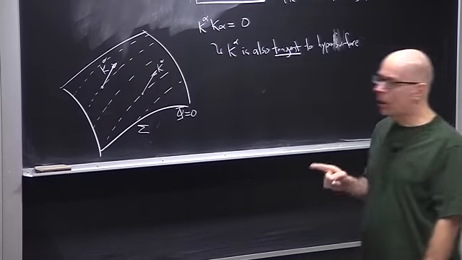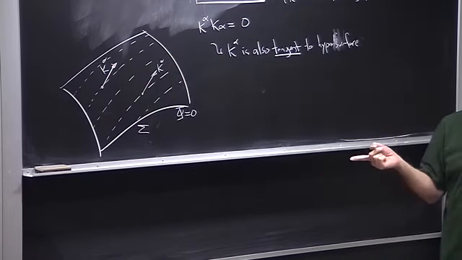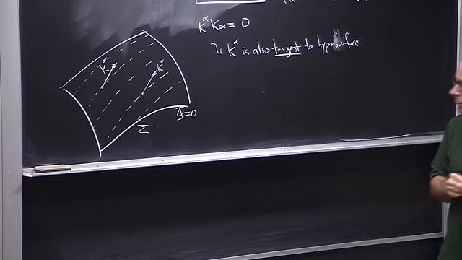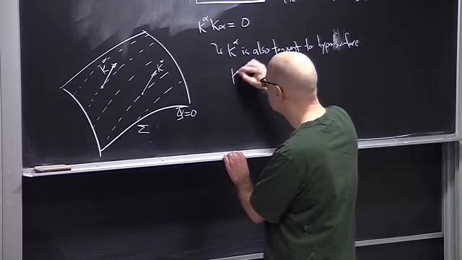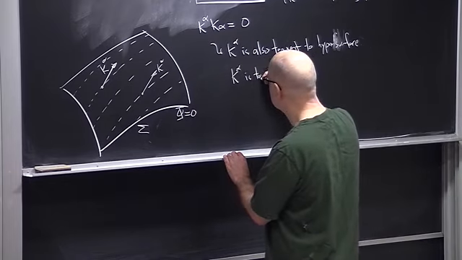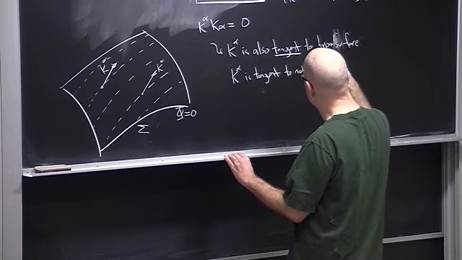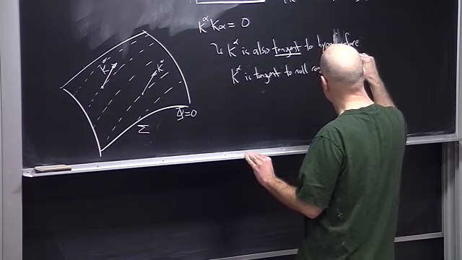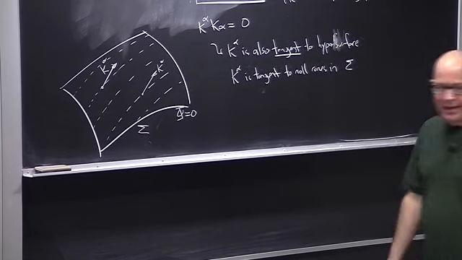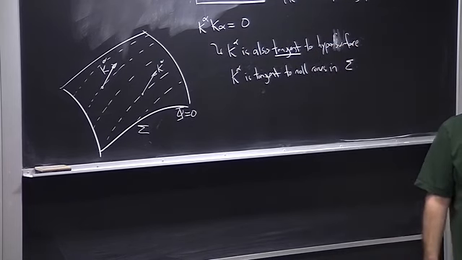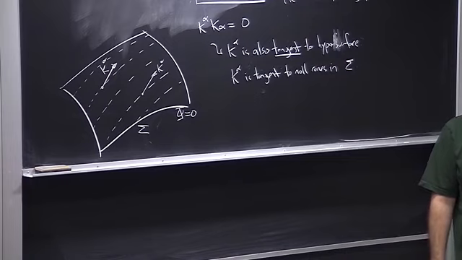So k being null and being tangent to the hypersurface, we know that it's going to be tangent to a whole bunch of null curves on that hypersurface. And I'll prove in a second that those curves are more than just curves, they're actually null geodesics.